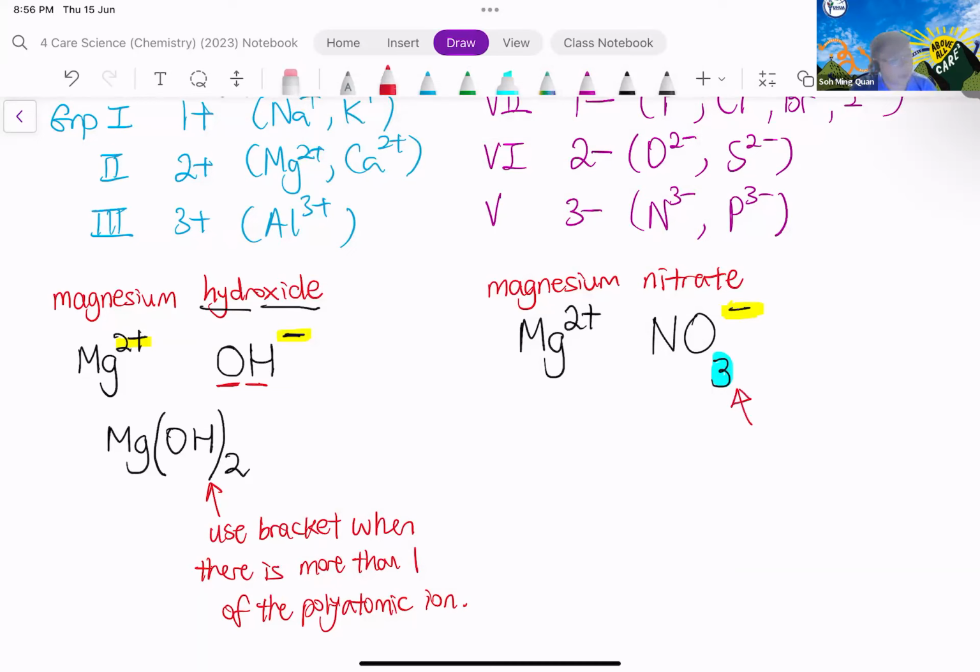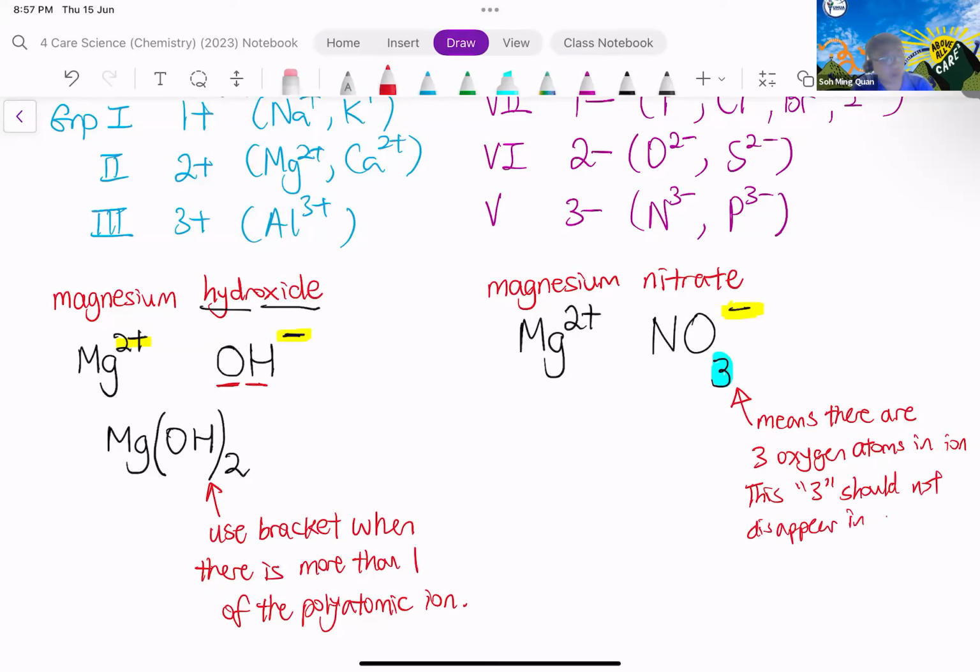When the number is at the bottom means there is 3 oxygen atoms in the ion. These 3 should not disappear in your formula. So in your final formula, you should still have NO3.